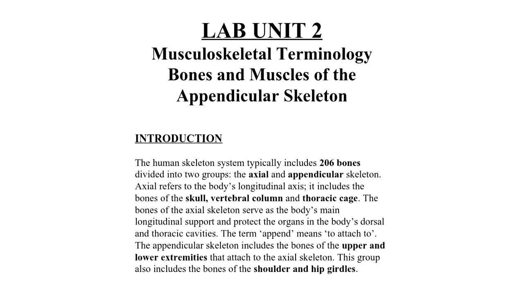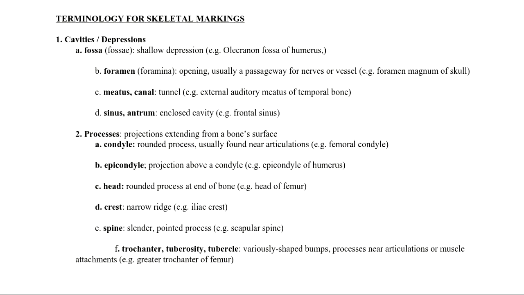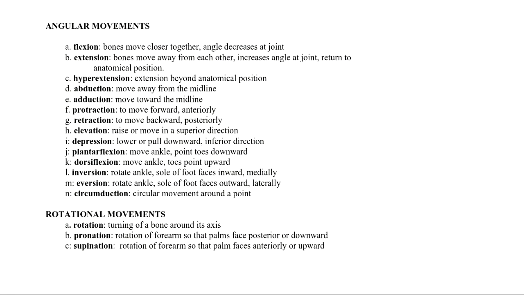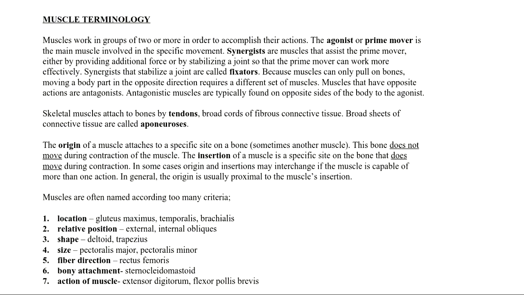So I've included these first few slides with some background information and terminology you're going to come across as you identify these structures, like muscle actions such as flexion and extension, abduction, adduction, rotation, and so on. You'll want to become familiar with them, but I will not be having a muscle or bone terminology section on the exam.